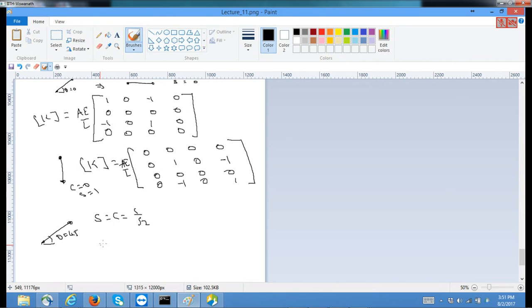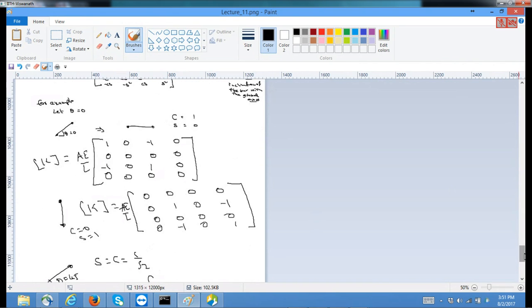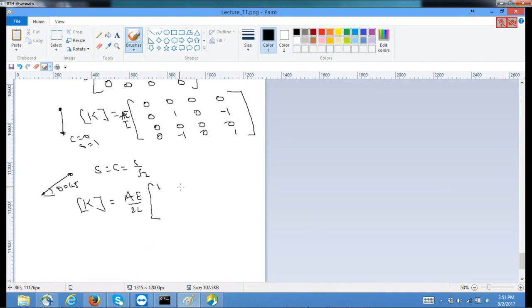We can show that k is equal to AE by 2L times [1 1 minus 1 minus 1; 1 1 minus 1 minus 1; minus 1 minus 1 1 1; minus 1 minus 1 1 1].